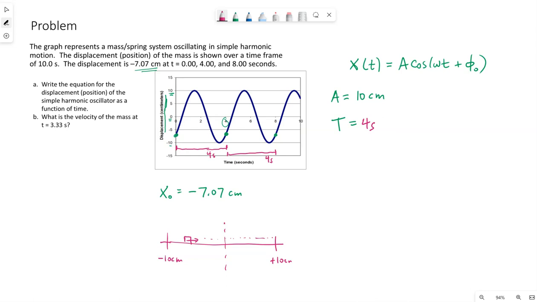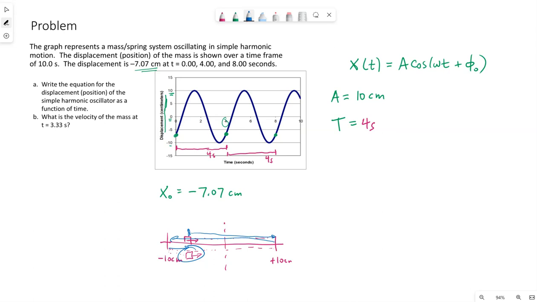But to finish an oscillation, it needs to go all the way back and get to this same point where it is moving to the right again. And so an oscillation means it starts here, goes all the way to the right, all the way back, and then back such that it's at that same location again. So according to our graph, that takes 4 seconds.